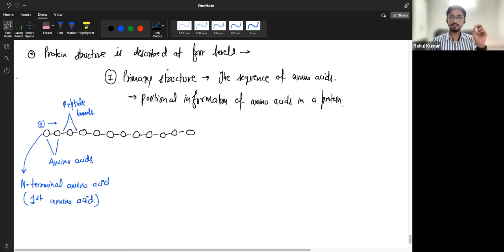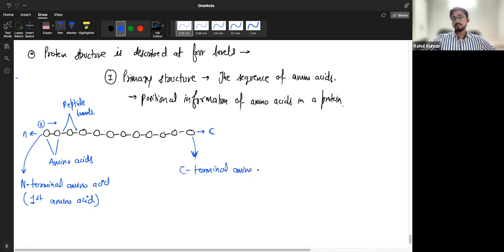So the beginning of the chain is towards the nitrogen side, and towards this side is the carbon. So the last amino acid will be called the C terminal amino acid. Okay.